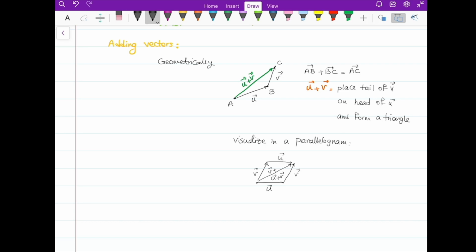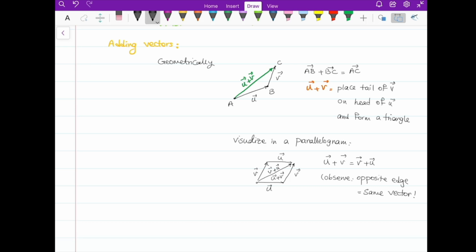So V plus U. And since these two are the same, U plus V is equal to V plus U. So we observe that opposite edge is the same vector.